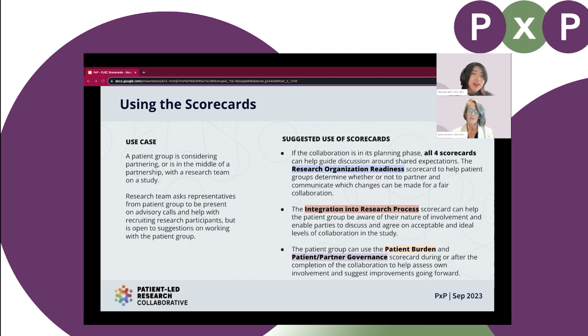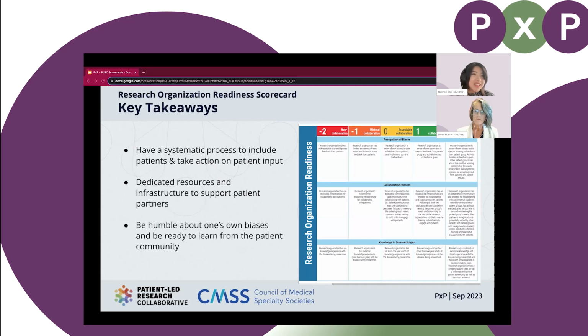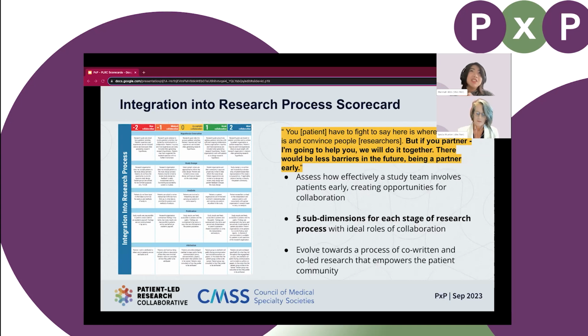And this ties back into, let me just try to find that slide, the integrating into the research process. So for our collaborations, we like to come in at the hypothesis generation stage. And this involves having patients at the table when the research questions are being set, not after, right?